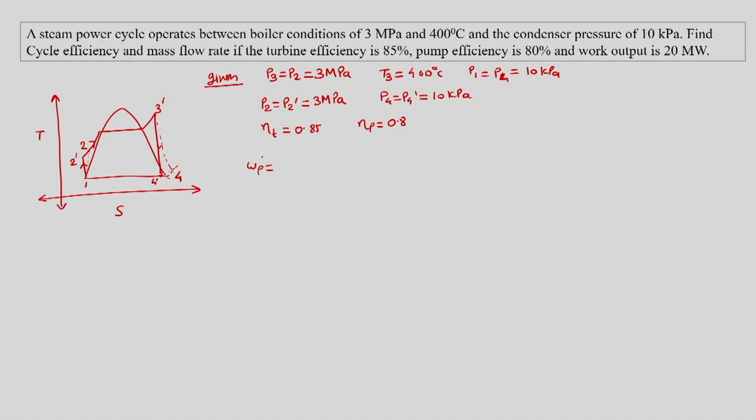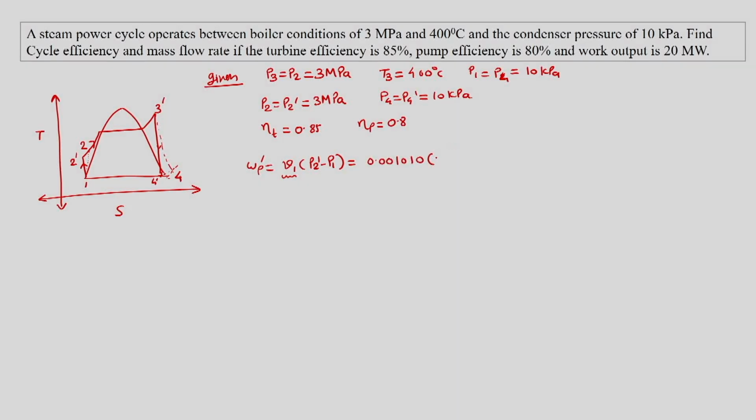So pump work, which is ideal, we know it is V1 into P2 dash minus P1, but P2 dash is same as P2, so we can use either. This V is the specific volume corresponding to saturation liquid at 10 kPa, and this turns out to be 0.001010.